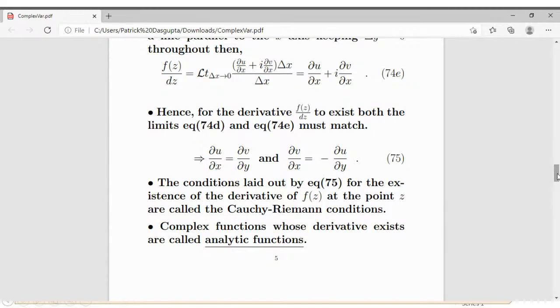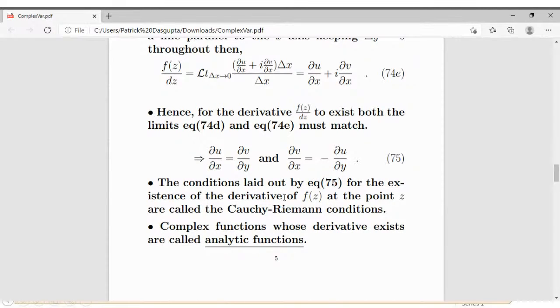In other words, what we have derived is that the derivative of a complex function at a point z exists if and only if equation 75 is satisfied. That means del u by del x equal to del v by del y and del v by del x is equal to minus del u by del y.